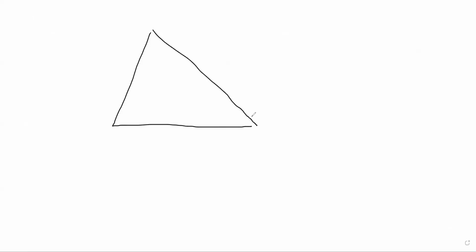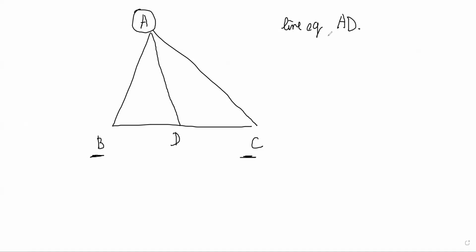Suppose you have A, B, and C. What you can do is, if I want to prove that the medians are concurrent, I need to make a line from A to the midpoint of B and C, which is D. So if I know B and C and I know the vertex A, then I can always find a line equation AD, right? Find the midpoint of B and C and find the two-point form line equation AD. Similarly, find the midpoint of A and C, which is E, and find the line equation BE.